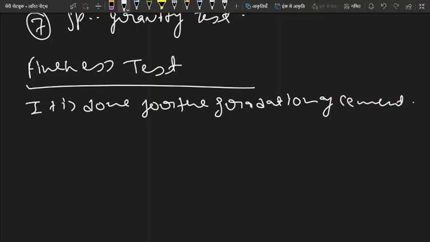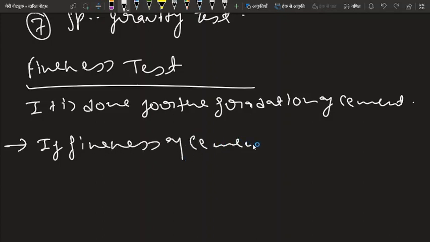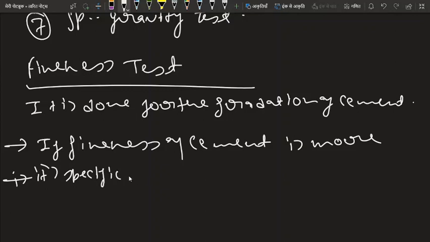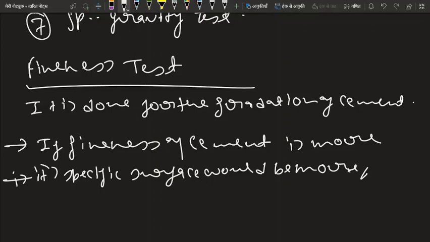If fineness of cement is more, its specific surface would be more, so more water will get attached to the particle.